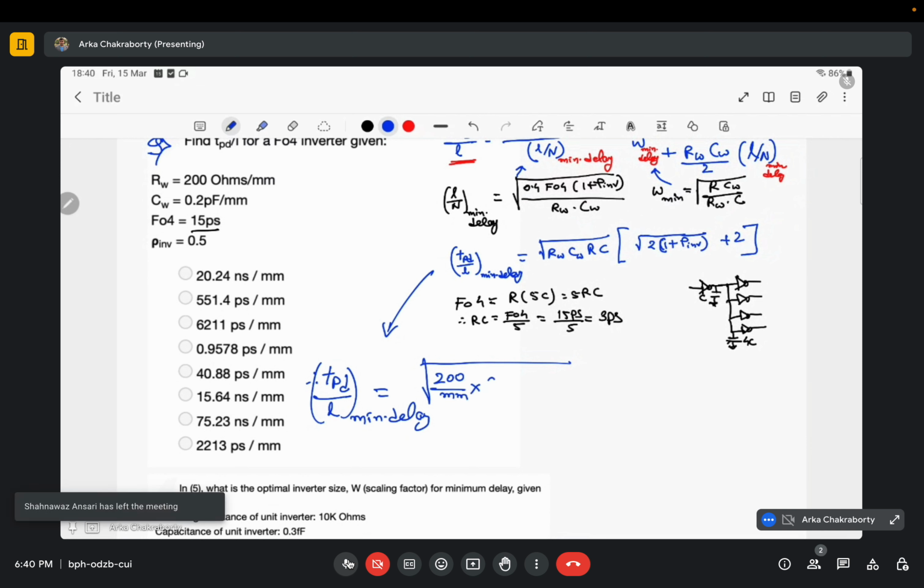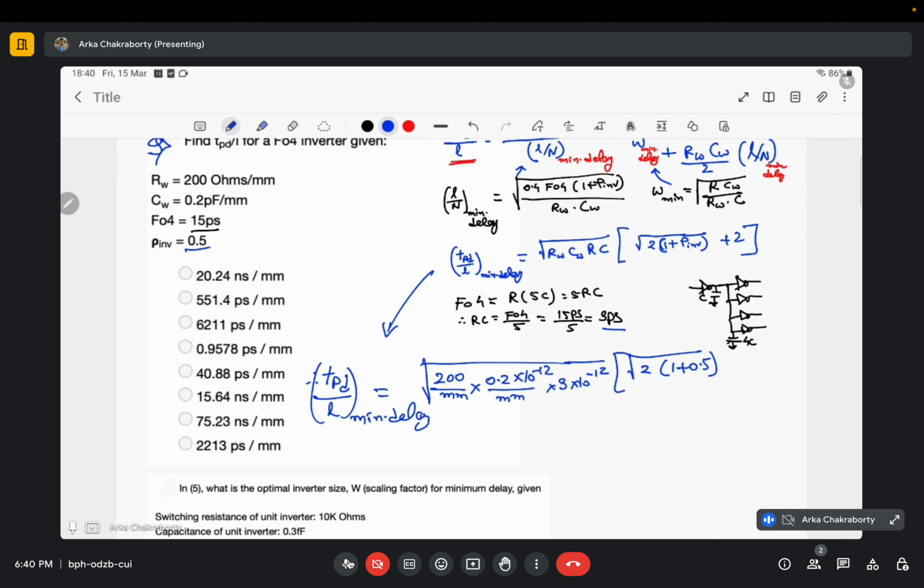CW is given as 0.2 pico, pico means 10 to the power minus 12, per millimeter. Into RC, which we have found as 3 picosecond, 3 into 10 to the power minus 12. Into root under 2 into 1 plus rho inverter, which is given as 0.5. So it is basically 2 into 1.5, that is root under 3, that is 1.732, plus 2. So 1.732 plus 2 is 3.732.